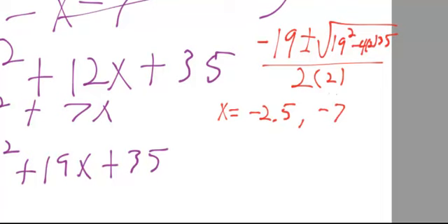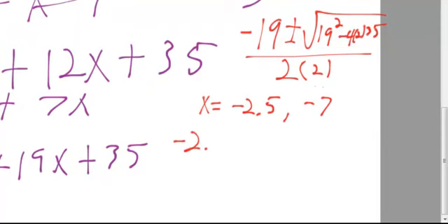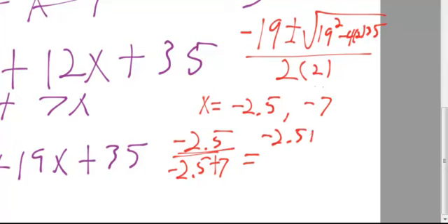Okay. Now, looking at this, clearly negative 7 will not work because right here on both of these we'll have an undefined answer. Okay. And so we'll just look at negative 2.5 over negative 2.5 plus 7 and negative 2.5 plus 5. So again, we know it's not negative 7. And then negative, which is a positive 2.5 minus 7.